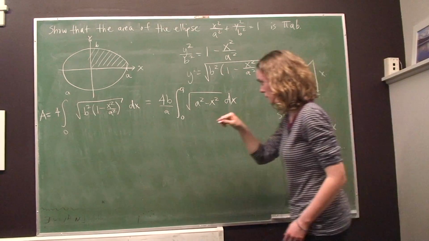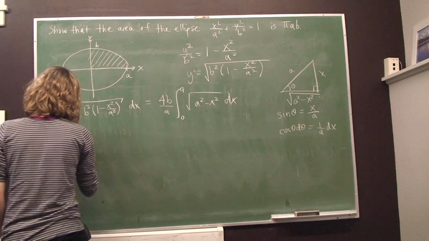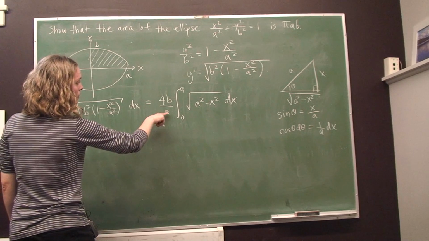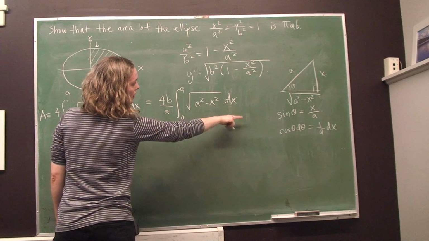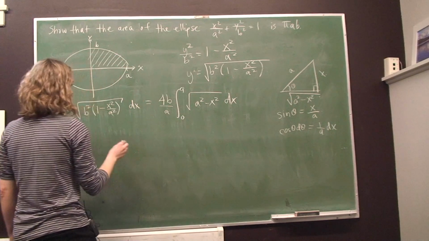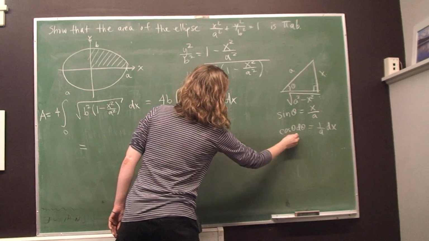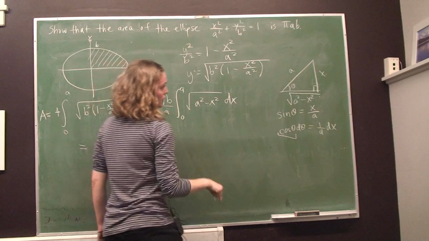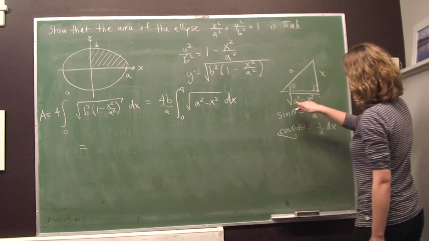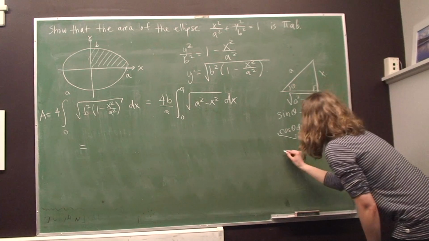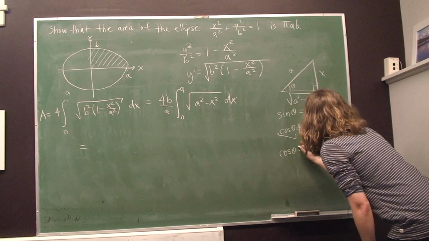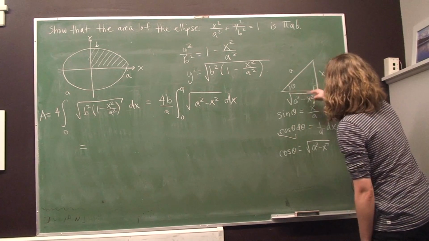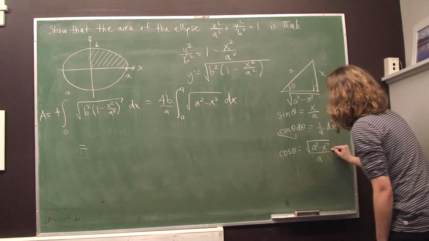Okay, so the 1 over a dx is going to turn into cosine theta d theta, but we need to figure out what that cosine theta is in terms of x, so we know how to change this, right? So if you look, cosine theta equals the square root of a squared minus x squared, adjacent over a.